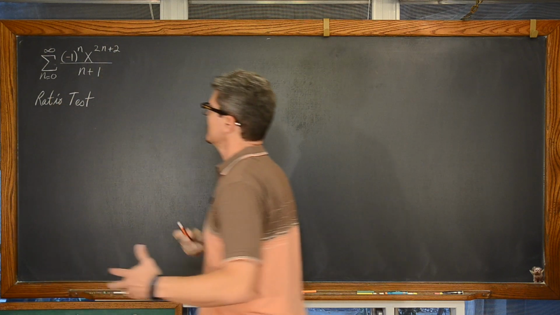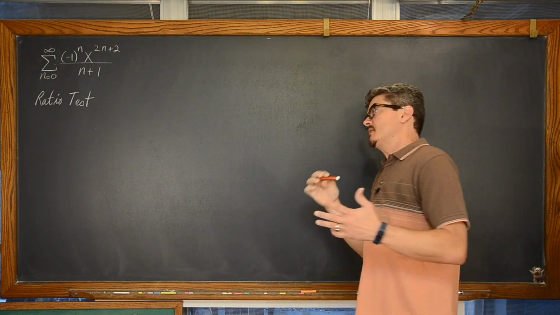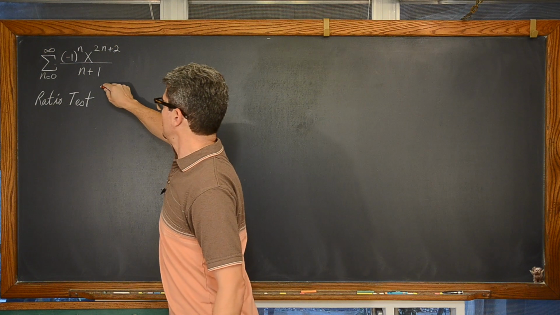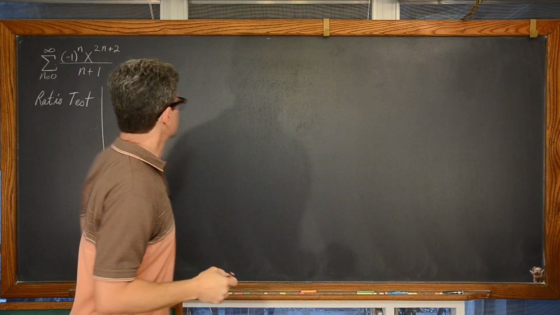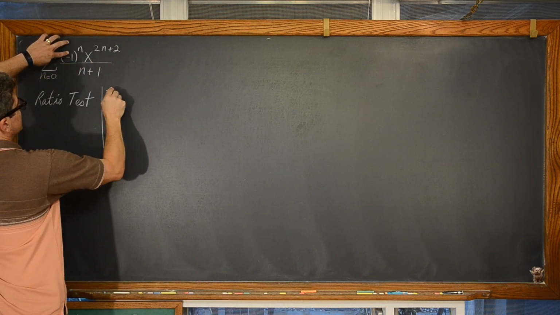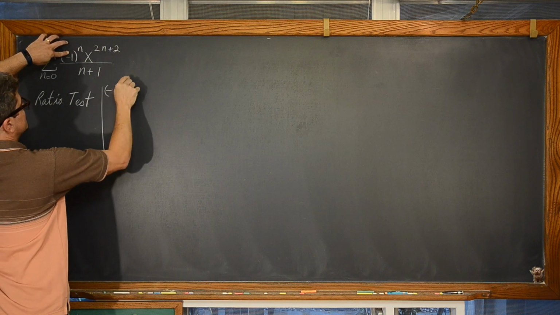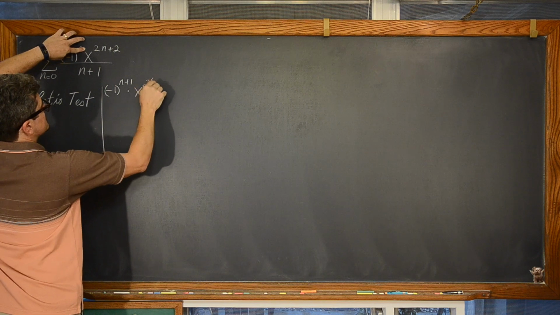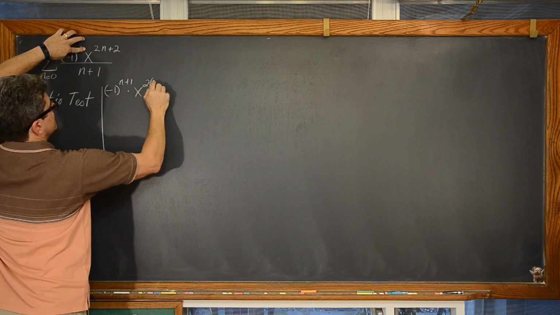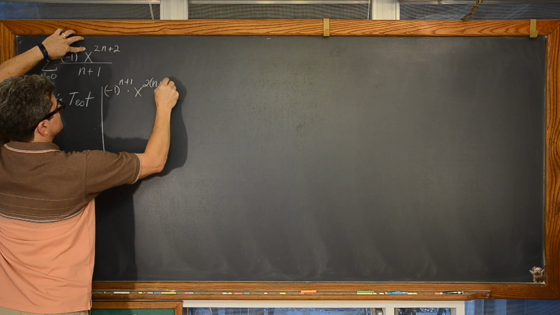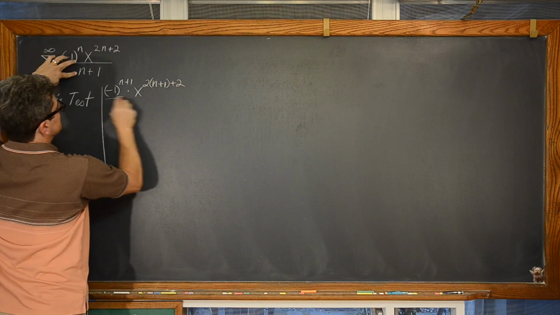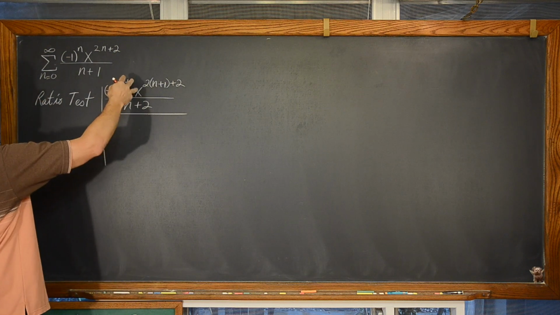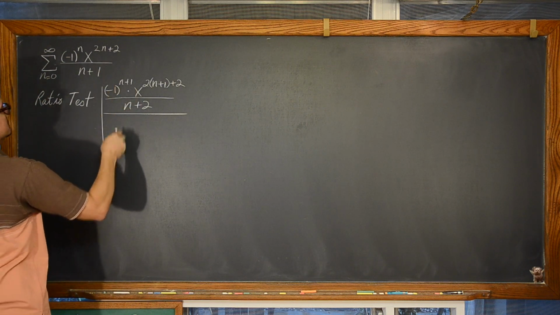Now, we've spent a lot of time learning this recently. I'm going to do a slightly cliff-noted version here, but we're going to set up the absolute value of our a sub n plus 1 over a sub n. So we have negative 1 to the n plus 1 times x to the 2 times n plus 1 plus 2 over n plus 2.